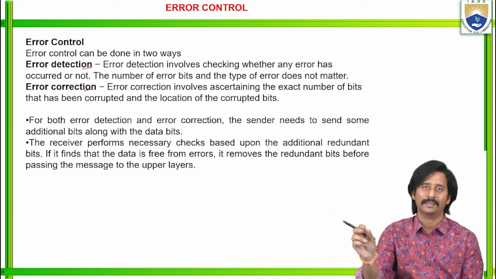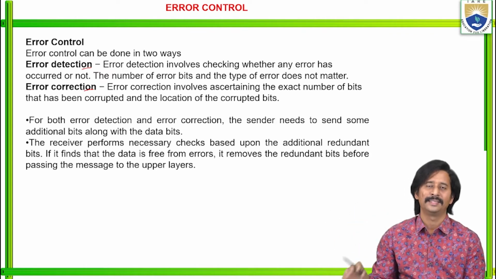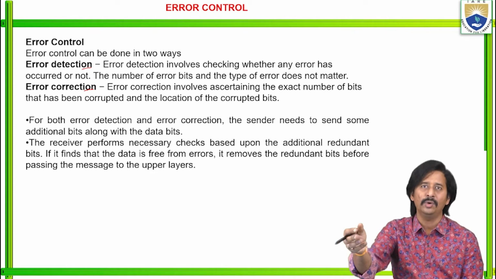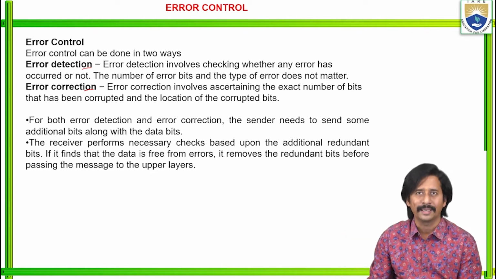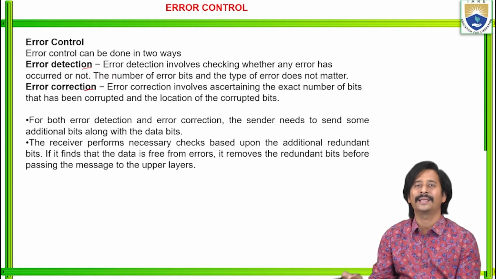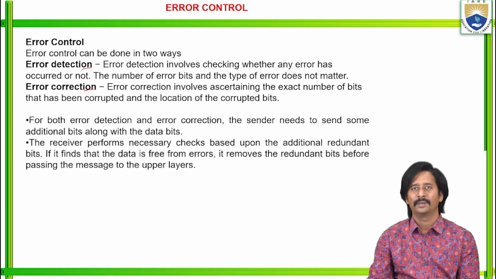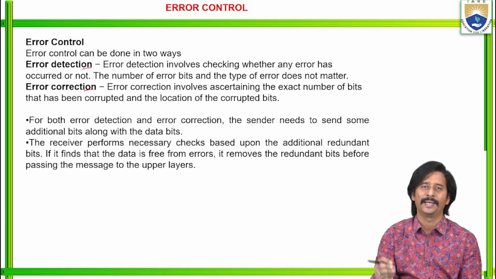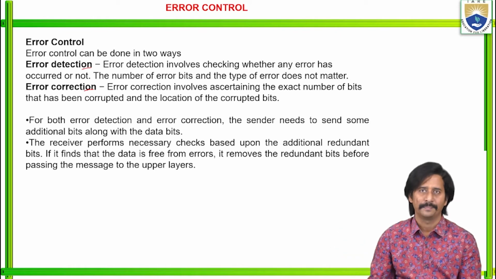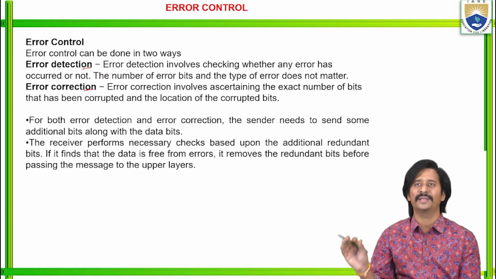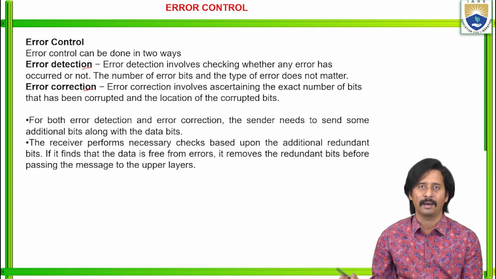We need to detect whether any error is there or not. If an error is there, then we need to solve that particular error. So the number of error bits and the type of error doesn't matter here, whether it is a single bit, multiple bit or burst error. Error detection involves checking whether any error has occurred or not.